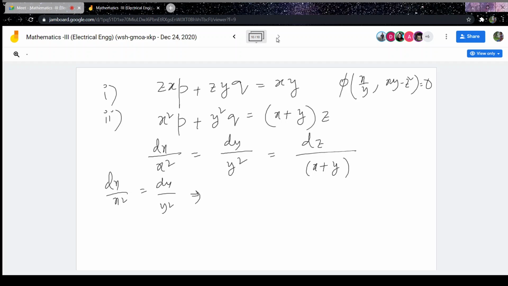But here, this is z square, xy minus z square is given. Check whether you have missed anything.